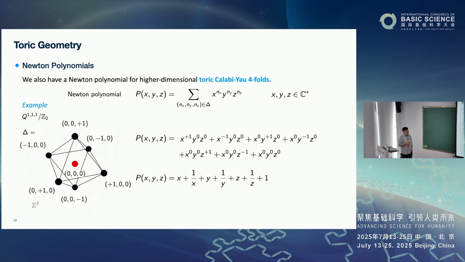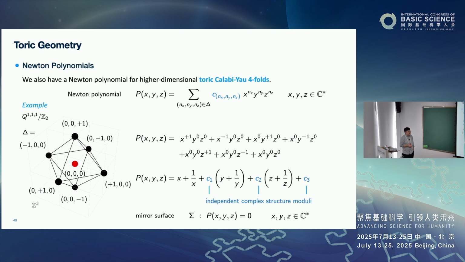When I set this polynomial equal to 0, I get something parameterized in 3 real dimensions. We call this a mirror surface, sigma, identified with the toric Calabi-Yau fourfold given by this toric diagram. So you can now see that in theory, I can define a mirror hypersurface for any higher toric Calabi-Yau.